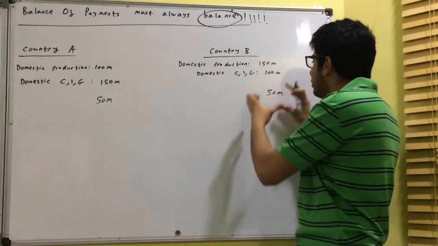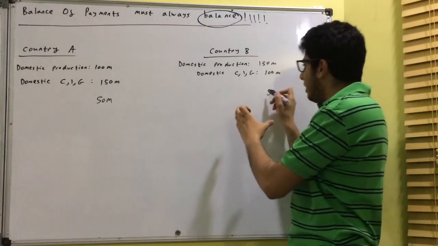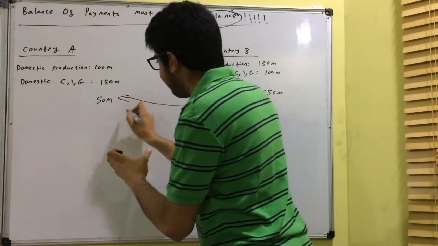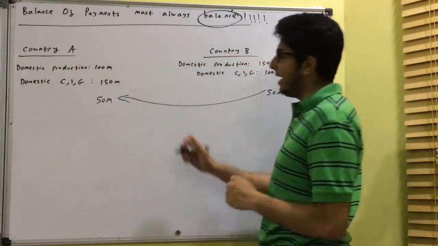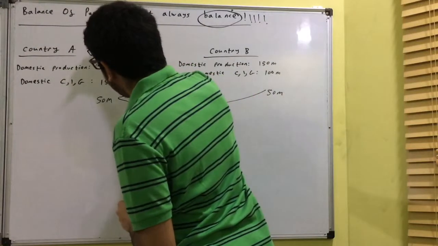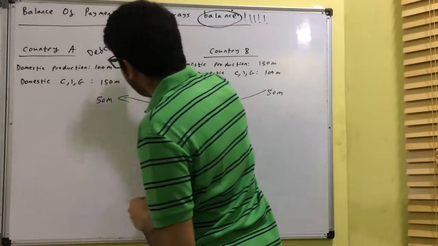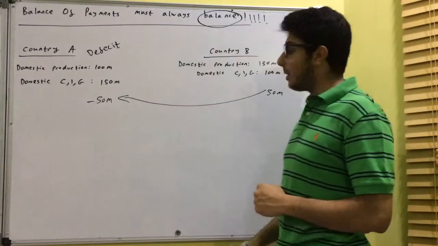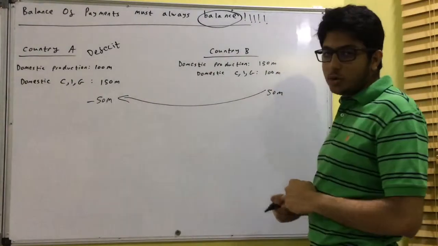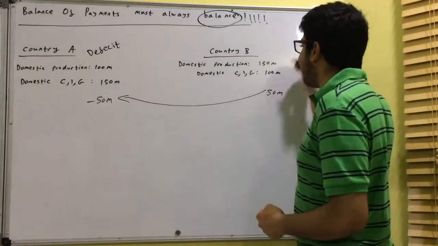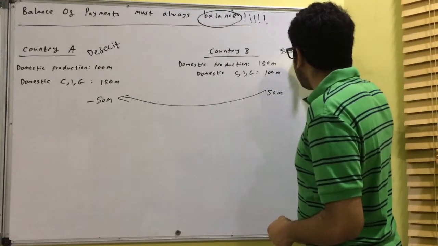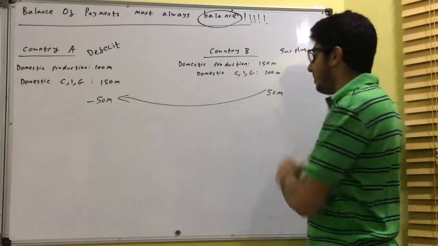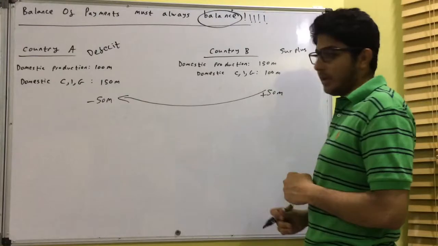So where does that extra 50 million go? It goes to Country A. So if one country has a deficit, Country A, here minus 50 million, another country around the world must have a surplus. In this case, Country B, with positive 50 million.